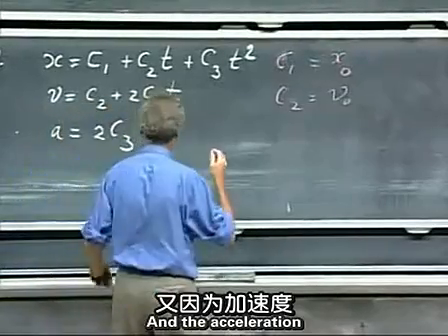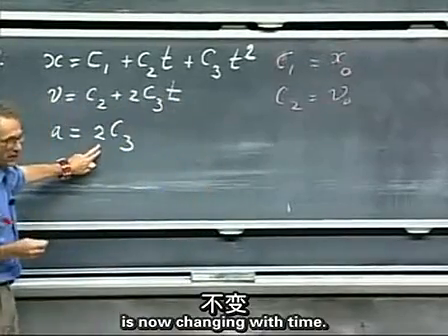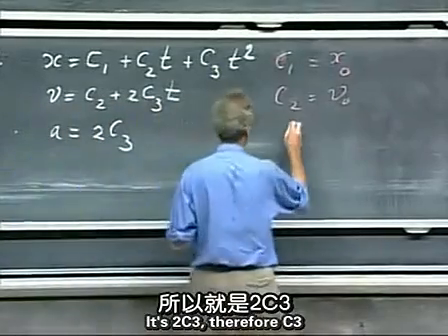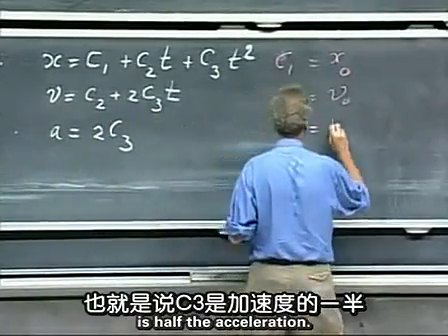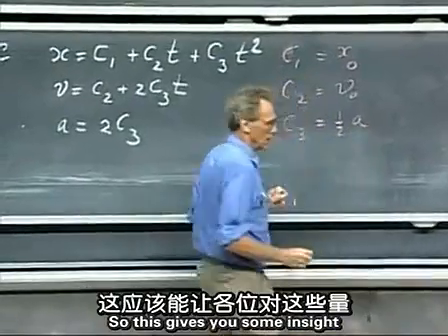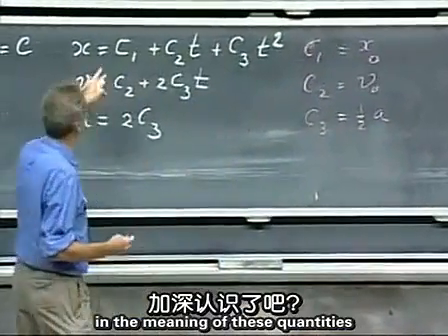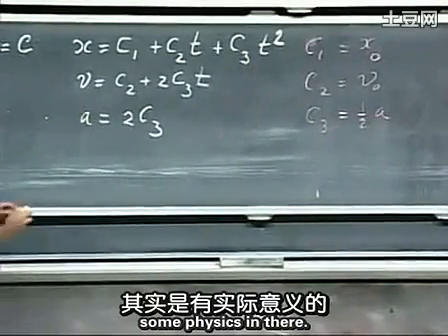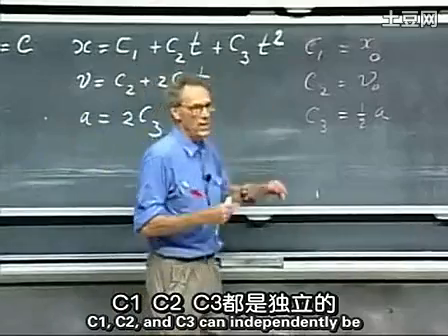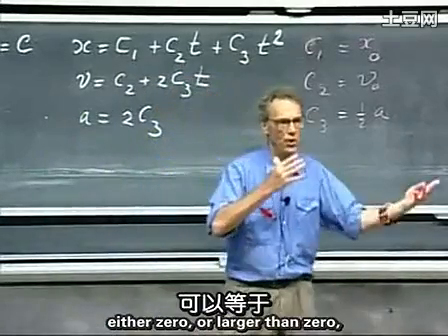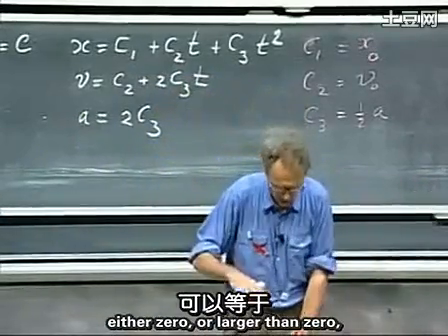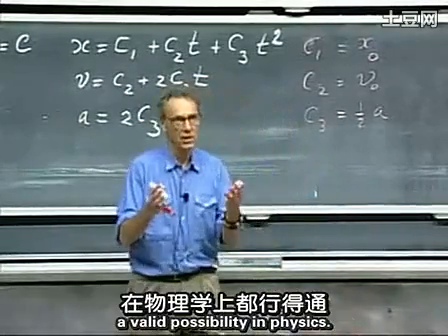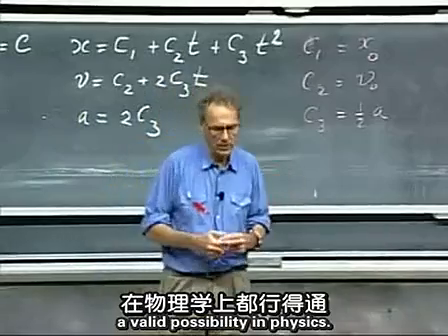And the acceleration is not changing with time, it is 2c3, therefore c3 is half the acceleration. So this gives you some insight in the meaning of these quantities, and you can now read some physics in there. C1, C2, and C3 can independently be either 0, or larger than 0, or negative. Makes no difference. Each one of these combinations is a valid possibility in physics.